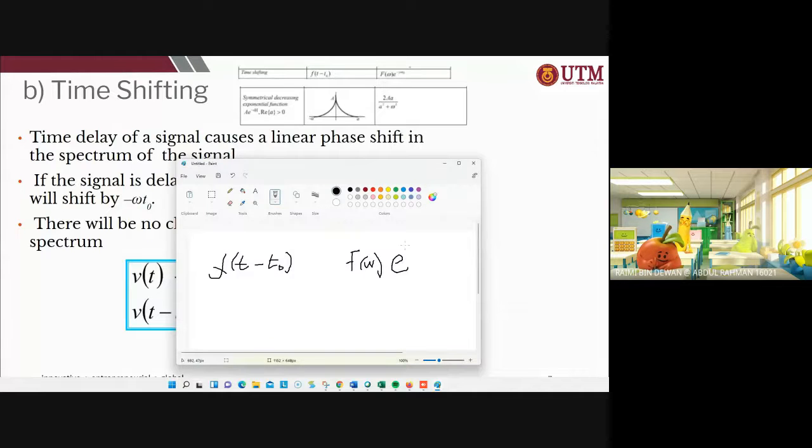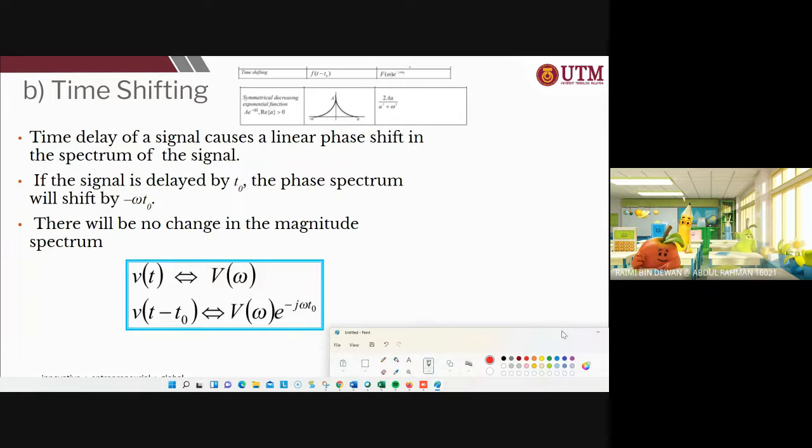This is the delay. There will be no changes in the magnitude, because this is about time shift. So if the signal is delayed, the phase spectrum will shift by negative omega t naught.